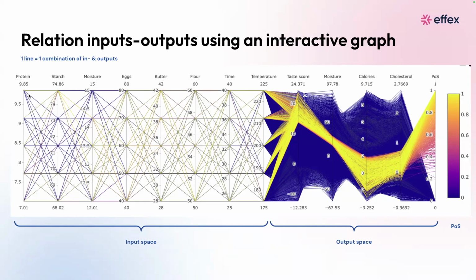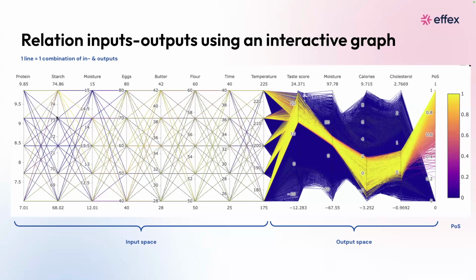You have to look at this as a grid, in the sense that one broken line from left to right indicates a specific combination of factor values. So if you have a broken line that starts here, it will tell you that you're looking at a sample with a protein content of 985.